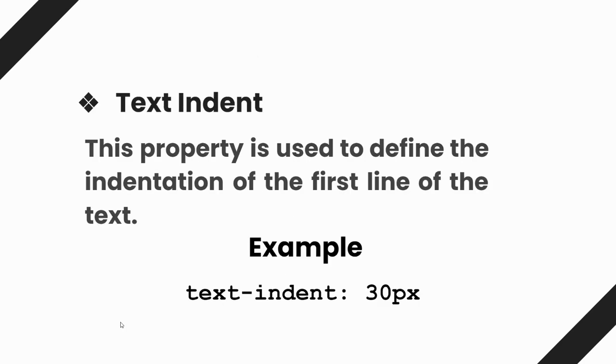So the first property we have here is the text indent property. This property is used to define the indentation of the first line of the text, and basically you can see the example for this property. We have the text indent assigned the value of 30 pixels.